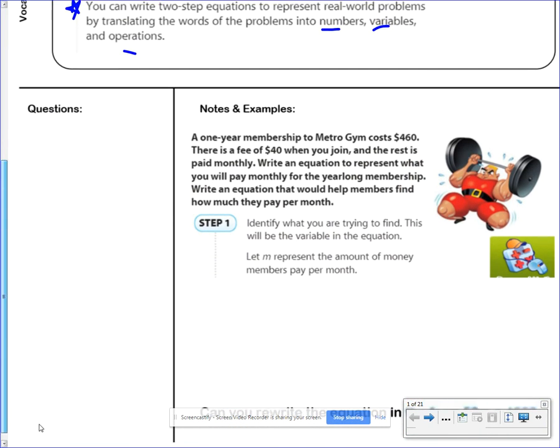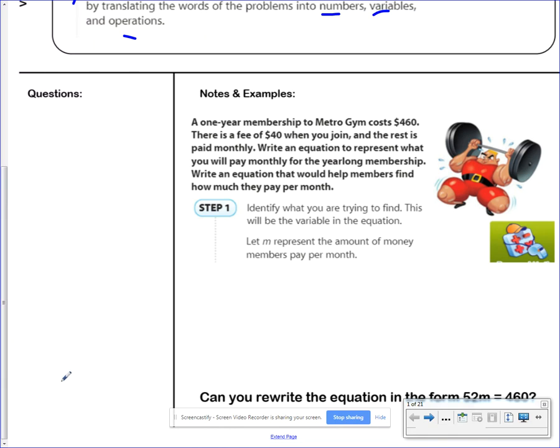Our first situation, this is a common one. If your parents or your family owns a membership at the Y or at Snap Fitness like I do, or Anytime Fitness or several of those gyms, sometimes there's a one-time fee and then you pay every month. So let's see what's going on here. A one-year membership to Metro Gym costs $460.